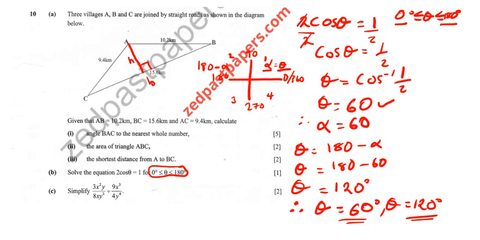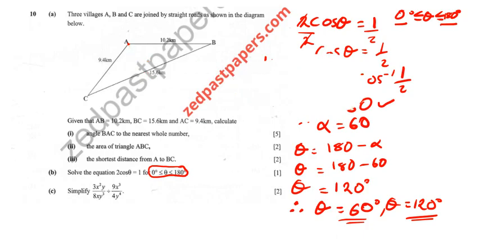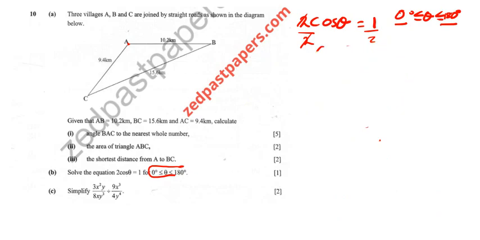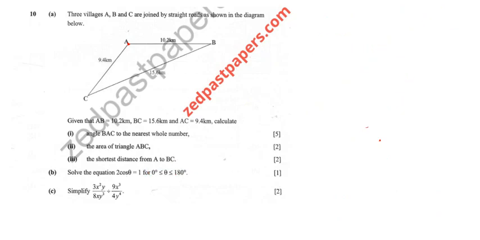We proceed to the last question, which is a simplify, which is a very basic one as well. So you say we have, which is part C, 3x to the power 2, and then a y there, over 8x y to the power 3.